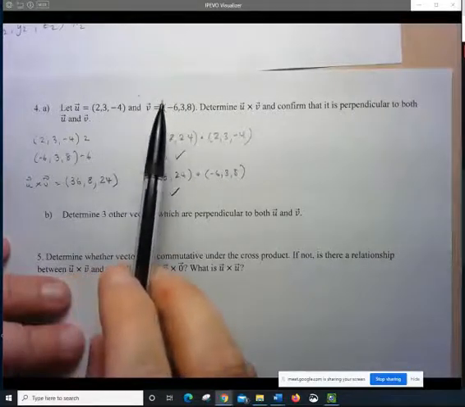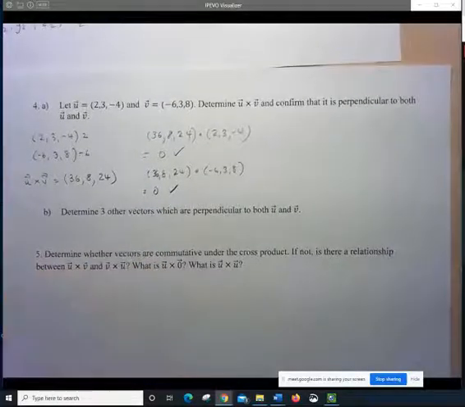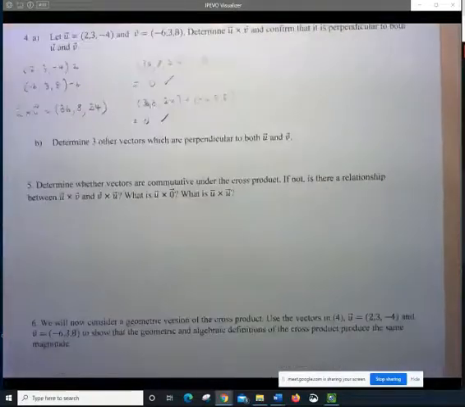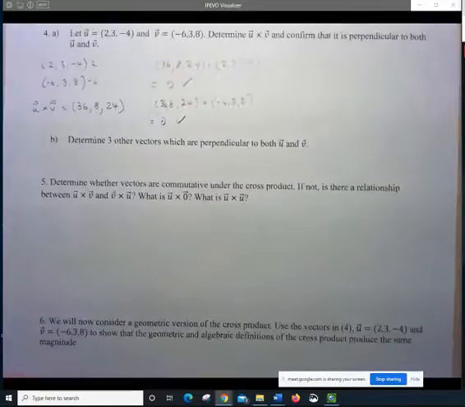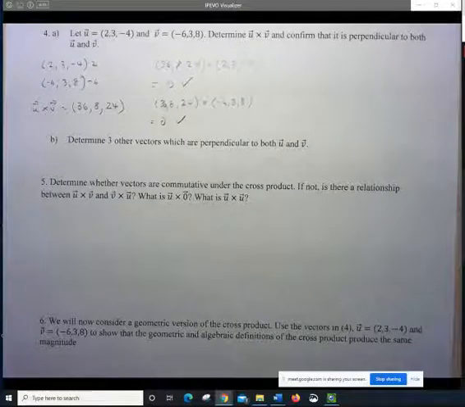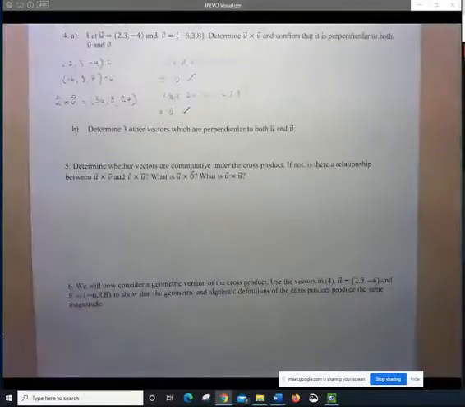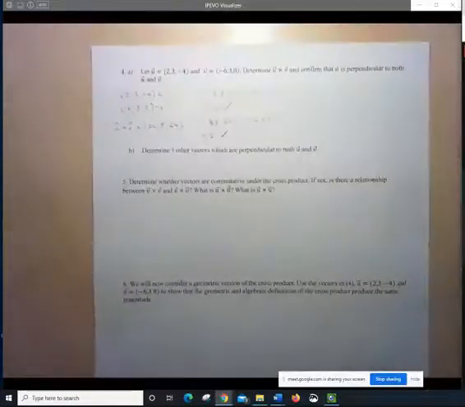All right, so now in the next part, I ask you to give me 3 other vectors which are perpendicular. I think we've already made some reference to this, but what should be special about all these other vectors that are perpendicular to both u and v?